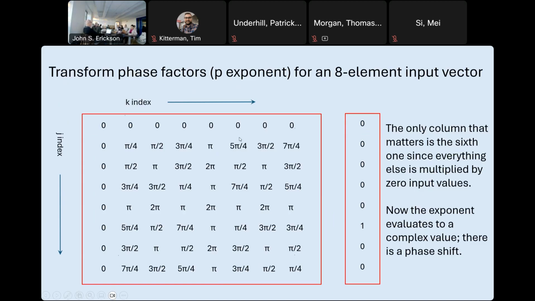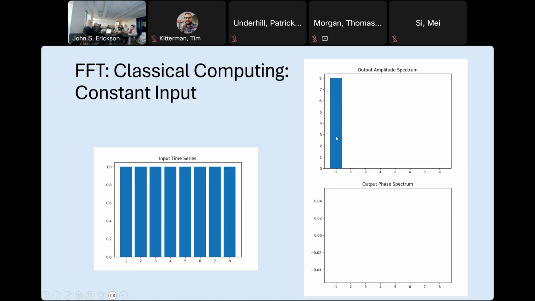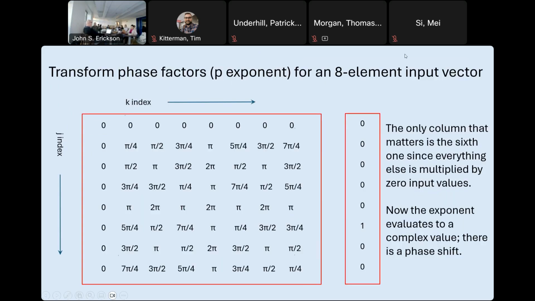Okay, so you are going to be using these exponential factors in here, okay? But everything else is still 0. So you still end up with the same amplitude spectrum, all right? So, no matter these things here, it turns out that sines and cosines are still going to basically add up to 1.